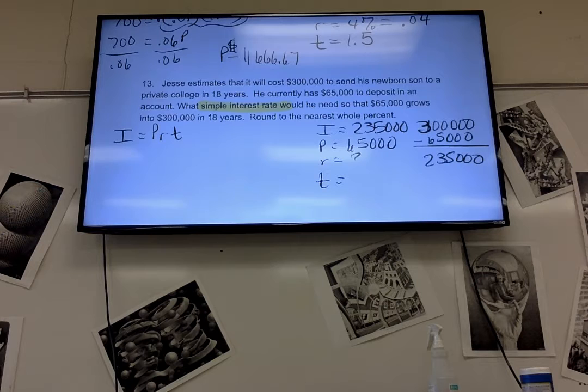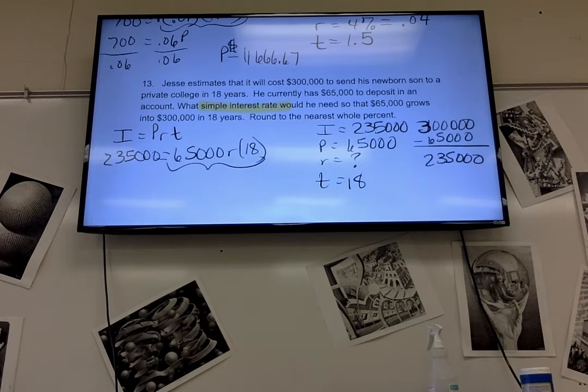We're trying to figure out the rate, and the time is 18 years because he has a newborn, and he wants his son to have enough money to go to college. All right, so we have $235,000. Principal is $65,000. Rate is what we're looking for, and time is 18.